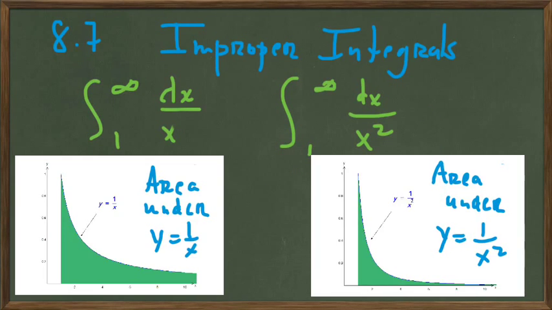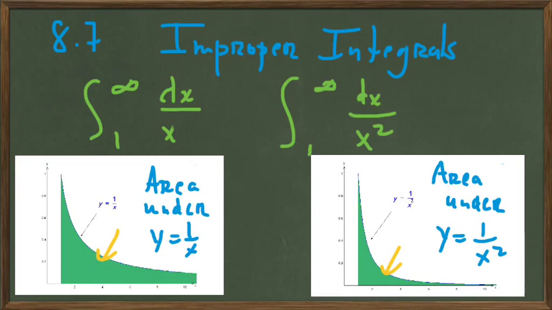So let's look at these two curves. Here we have the area under 1 over x, and here we have the area under y equals 1 over x squared. You can easily see that this area here is much bigger than this area here.